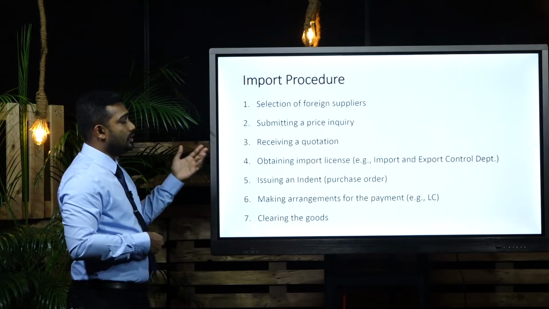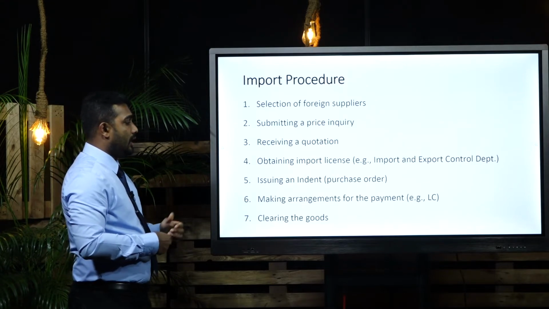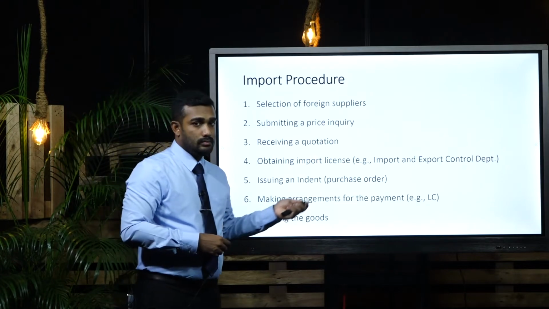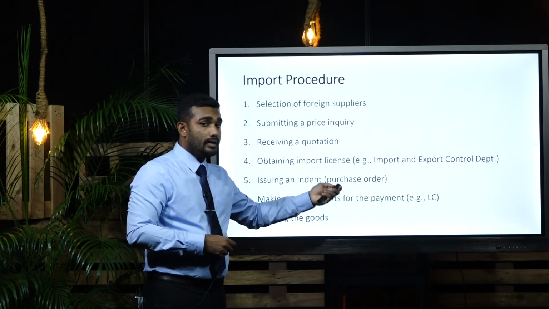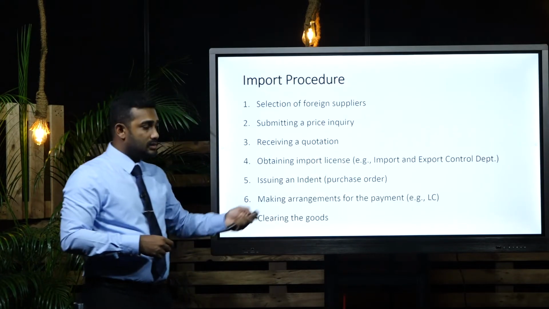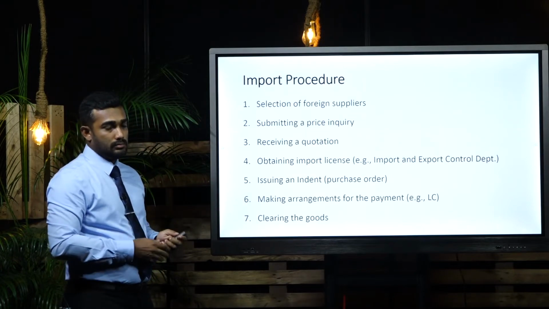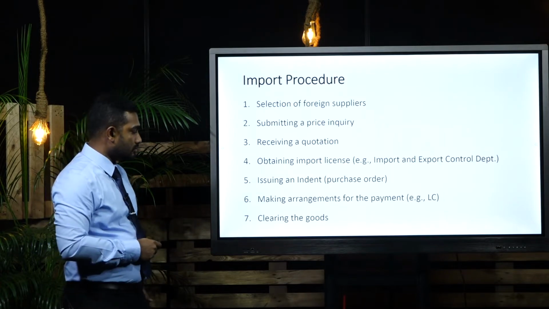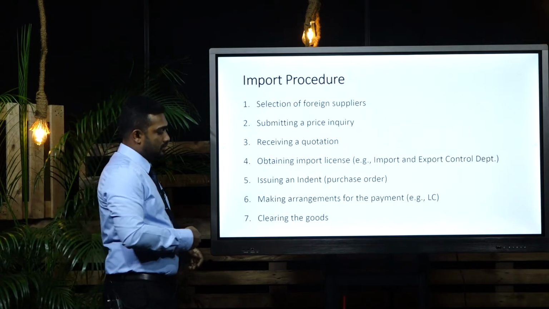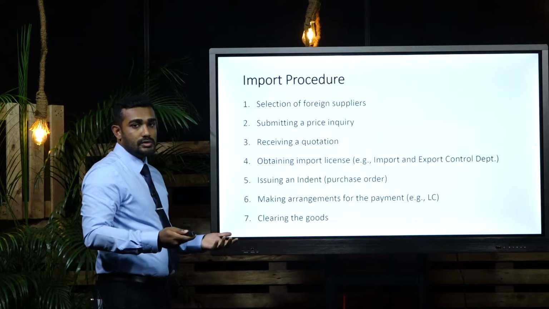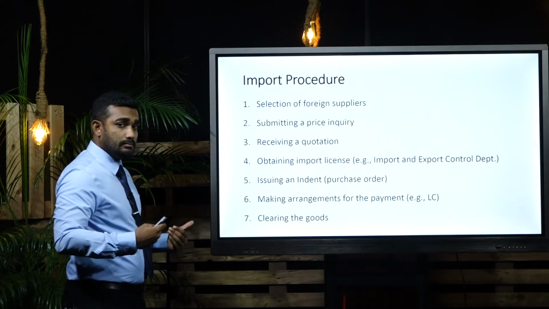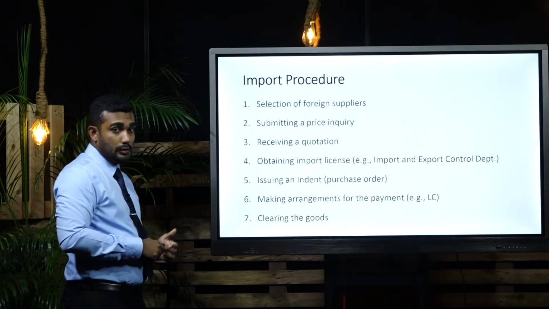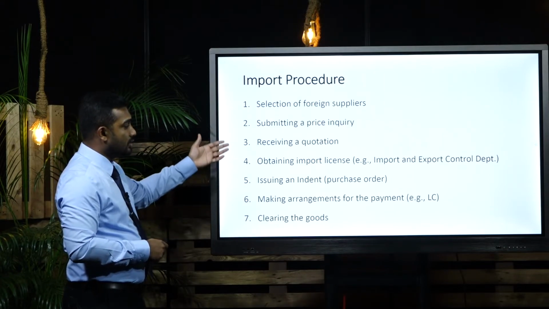Mostly when it comes to foreign trade, the payments happen via the LC. LC stands for letter of credit. That's how the payments are being processed, okay, with the involvement of banks. Then last, you have to clear the goods. Once they are here, you have to go and clear the goods by producing the relevant documents.